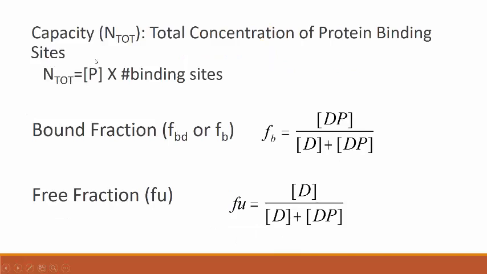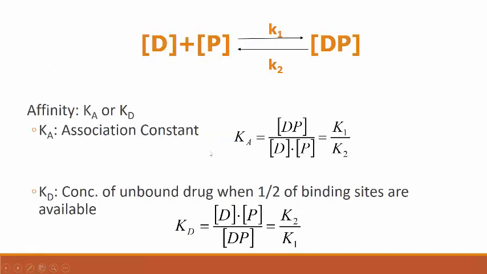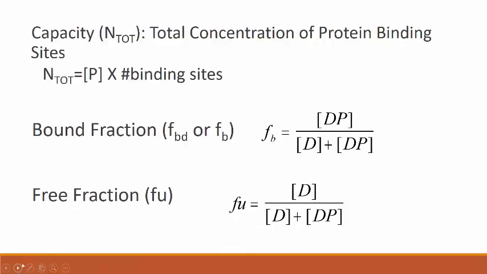Okay, so that's really about the affinity, isn't it? This is about our affinity between the free drug and bound drug, or free drug and free protein to make a bound drug. The capacity is going to be the total number of protein binding sites.